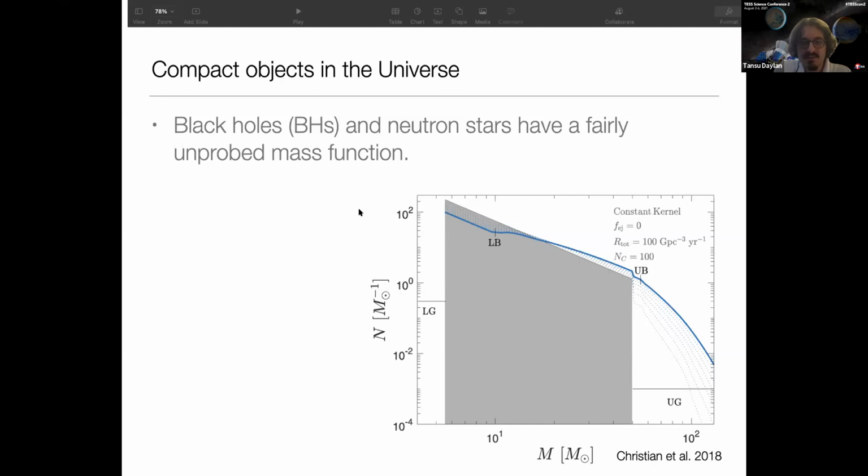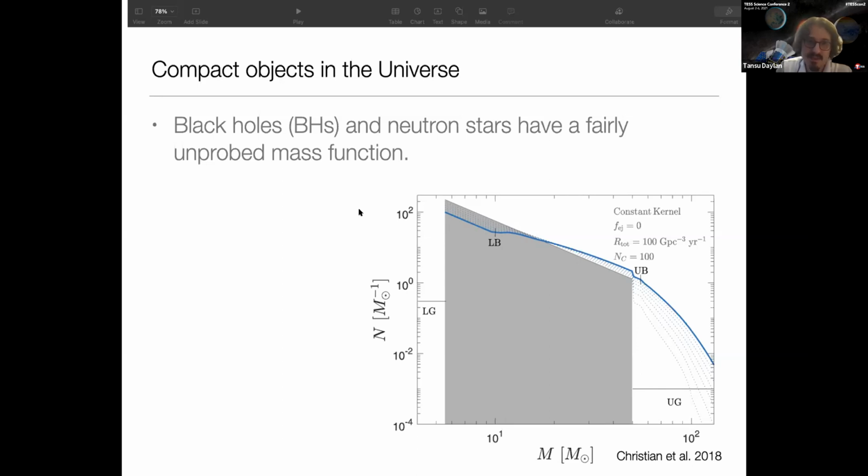So essentially the spherical cow picture of this black hole mass function is that there should be a gap between neutron stars and black holes, so between maybe 2 and 5 solar masses, and roughly a power law distribution with some breaks here and there.